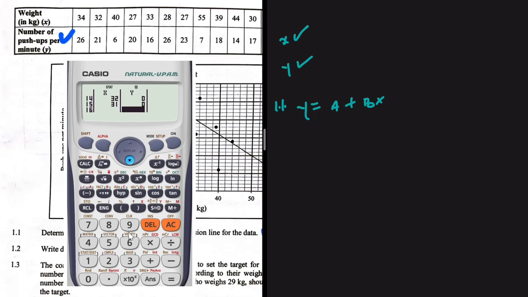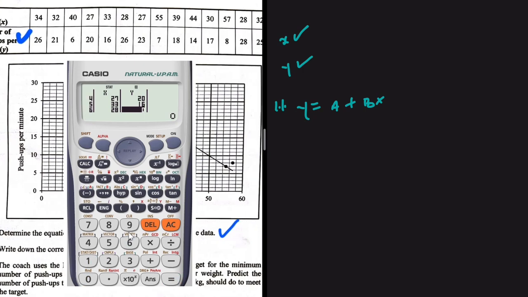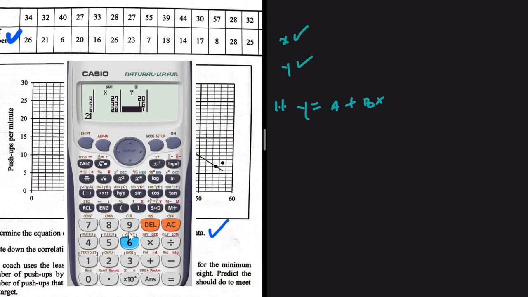Now we need to go up there and enter the corresponding y values. So we have 26, 21, followed by 6, and then we have 20, 16, followed by 26, 23, not 33. You see there, I almost made a mistake, and all my answers were going to be incorrect.